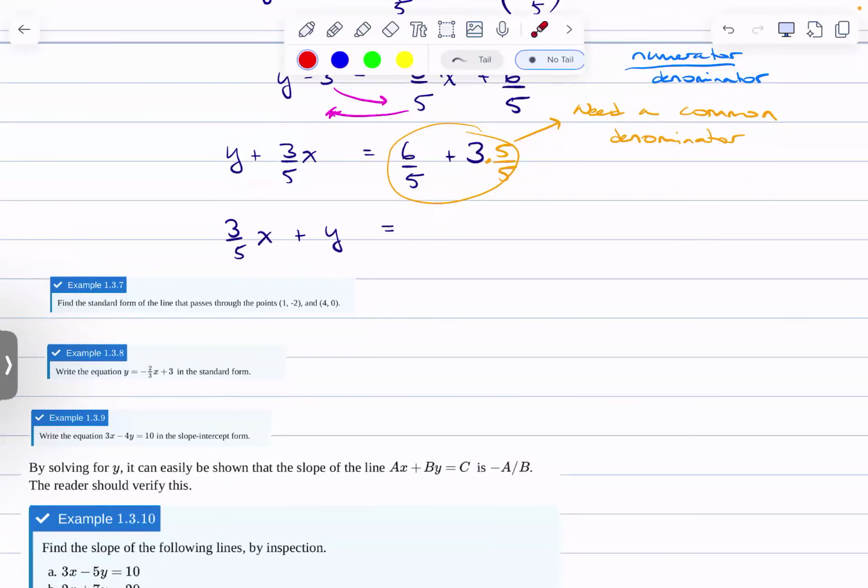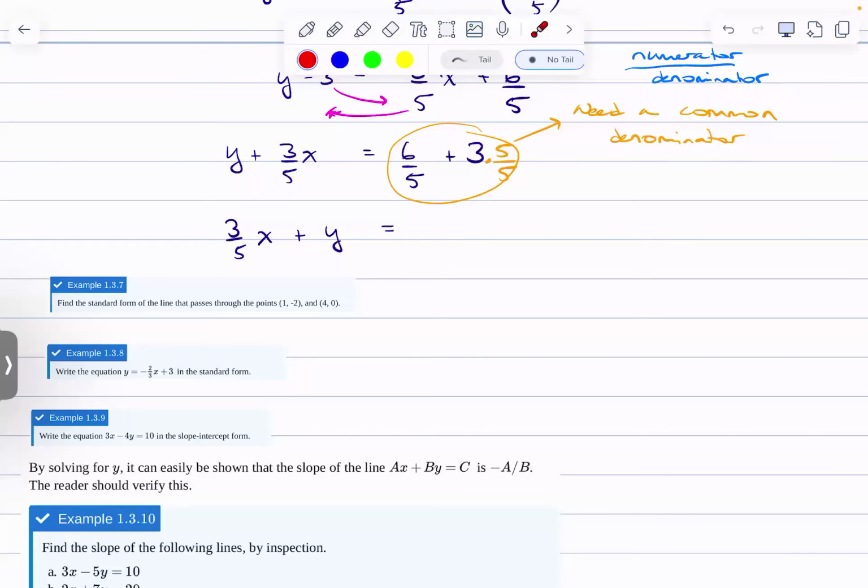So then I have 3 technically over 1. 3 is a fraction. It just happens to be simplified, right? 3/1 times 5/5. So 3 times 5 is 15 divided by 5. No surprise that that simplifies to 3, right? That was our goal, right?